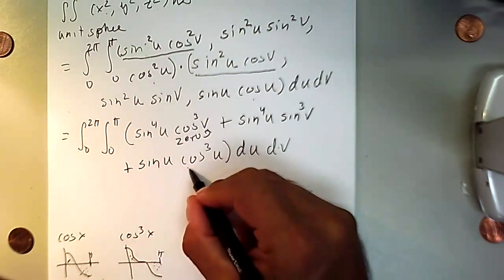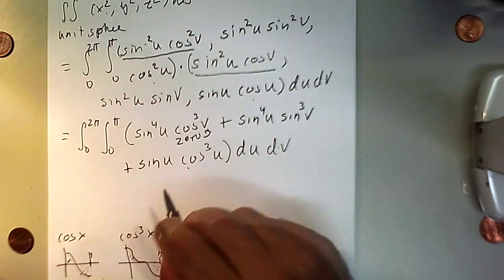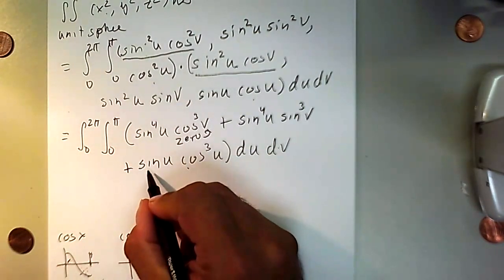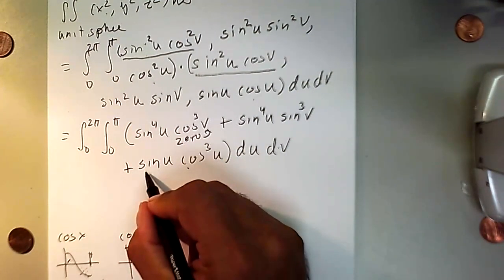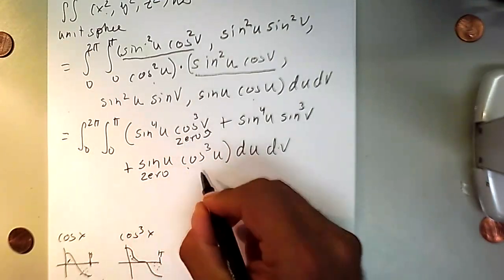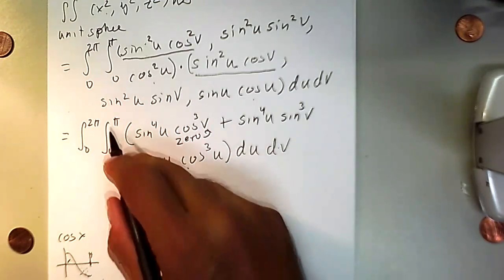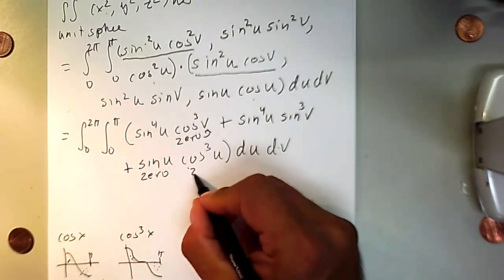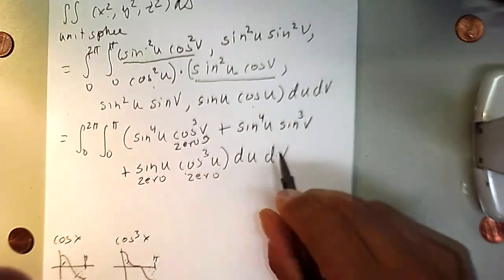The other guy is going to be independent with respect to, no, sorry. Well, both of them are going to be 0 in this case. Sine is 0 from 0 to 2 pi. And cosine from 0 to pi will be 0 also. So we got a double 0, multiplication of zeros.